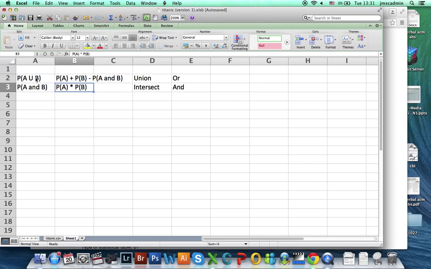And as you can see, if you need to calculate the union, you need to also calculate the intersect first. So I will first go through how to calculate the intersect, and then we will do the union.